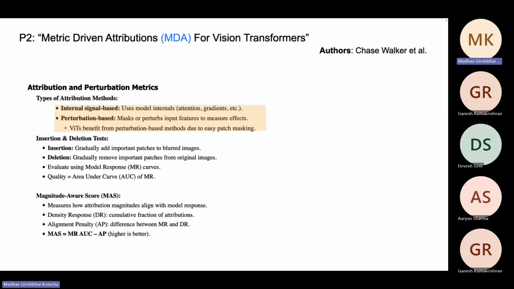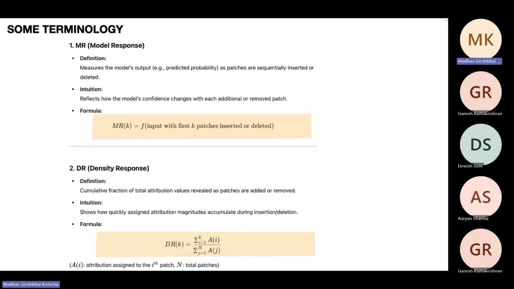There is some terminology that I want to introduce. First is MR, model response, basically the output of the model that we are attributing. Second is density response, basically the amount of image that has been shown till now to the model.